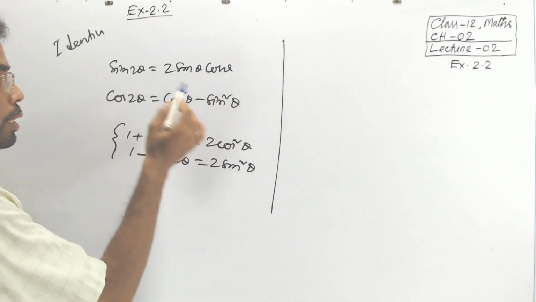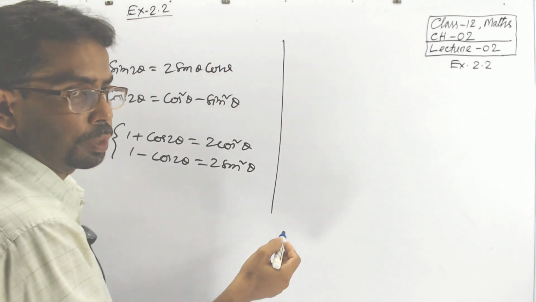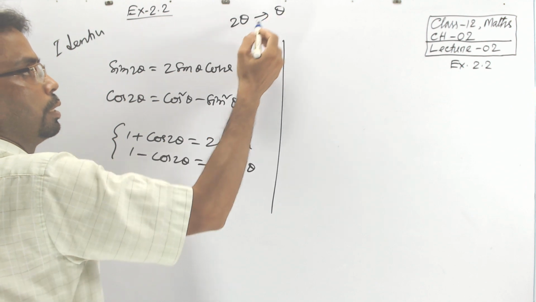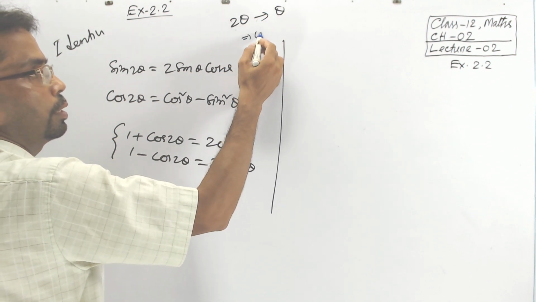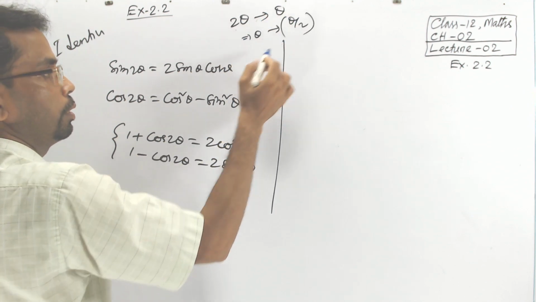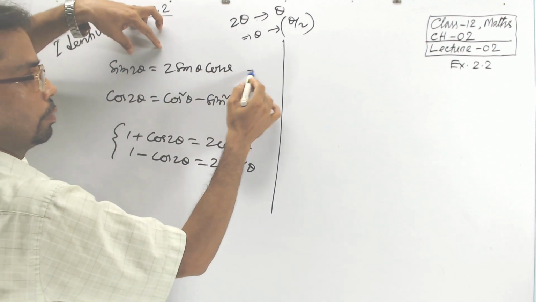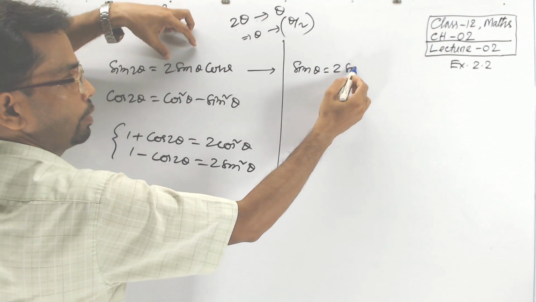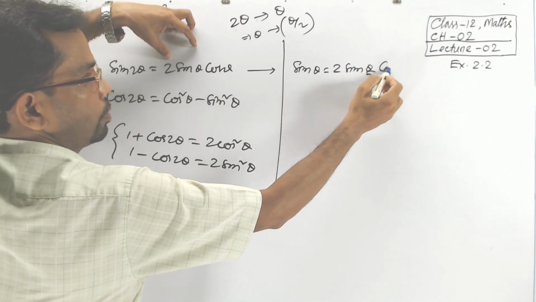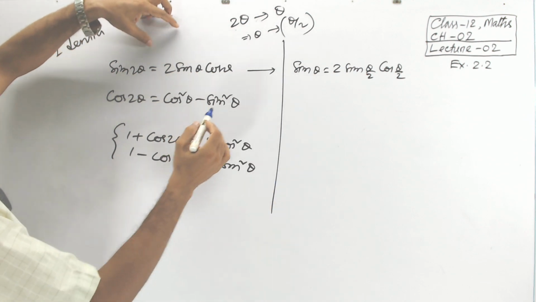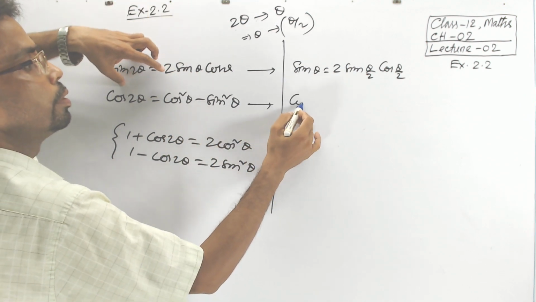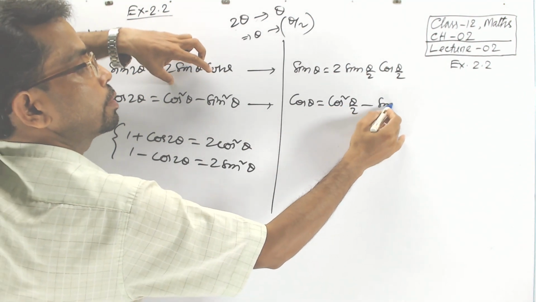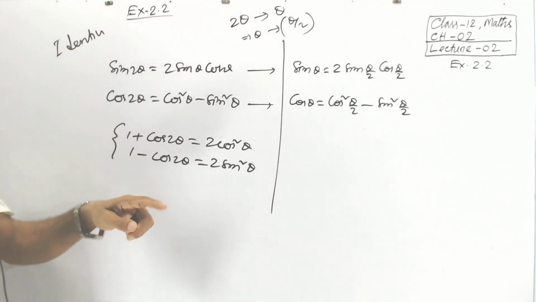And then these 4 identities, we can make into a new set of identities by replacing 2 theta by theta. If we replace 2 theta by theta, then theta will be replaced by theta by 2. Then these identities will change. We can write: sin theta is equal to 2 sin theta by 2 cos theta by 2. The second identity: cos theta is equal to cos square theta by 2 minus sin square theta by 2.